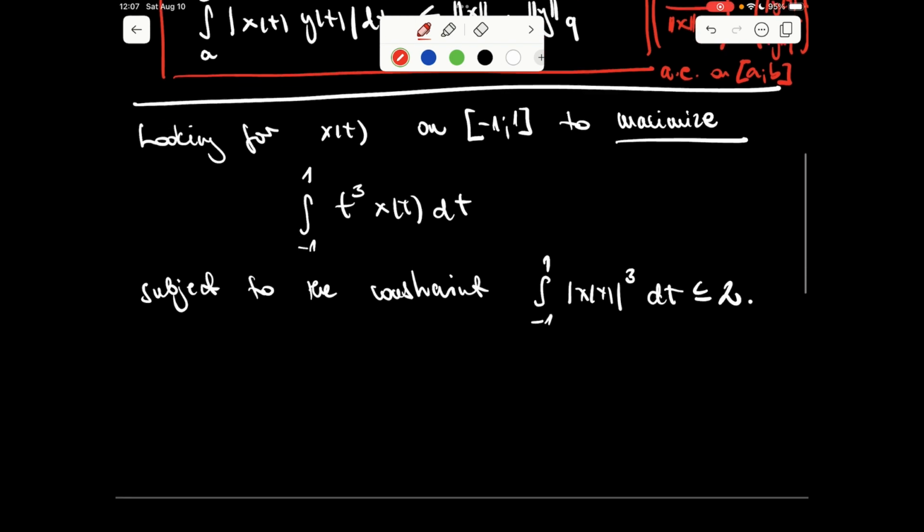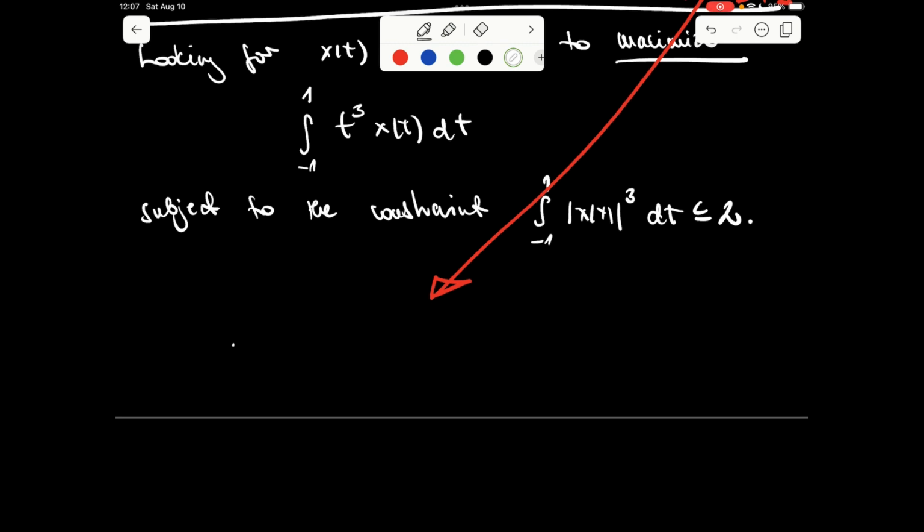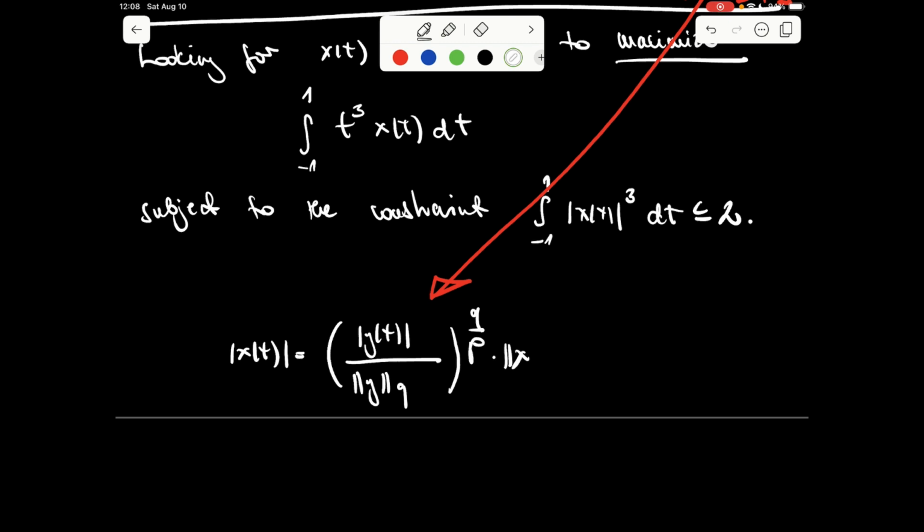All right. From this criterion, an interesting fact follows. We can describe the function x(t) on the basis of the other function and the norm of function x.